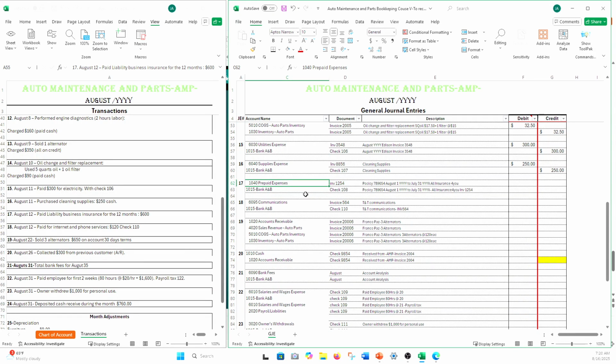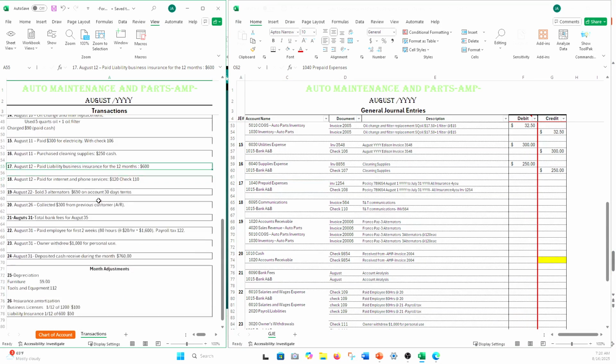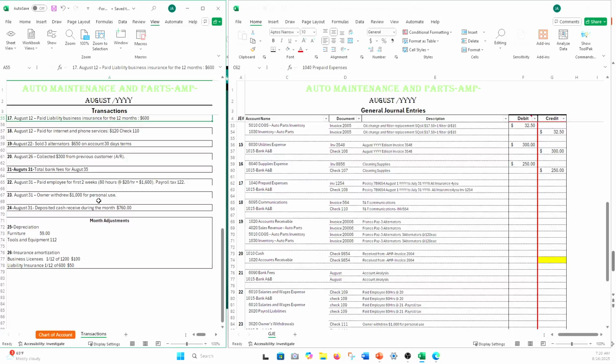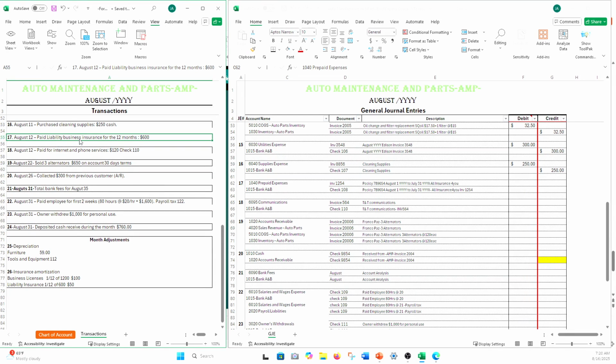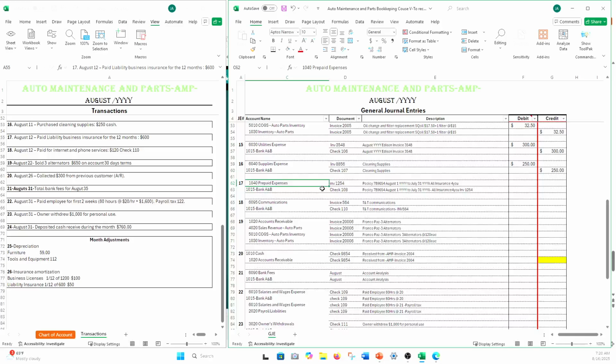We say number 17, right? We already did 16, number 17. Let me move this one to the top. Number 17, on August 12th, pay liability business insurance for 12 months. That means we purchase liability insurance, which is necessary in all businesses in case somebody gets an accident in our facility.